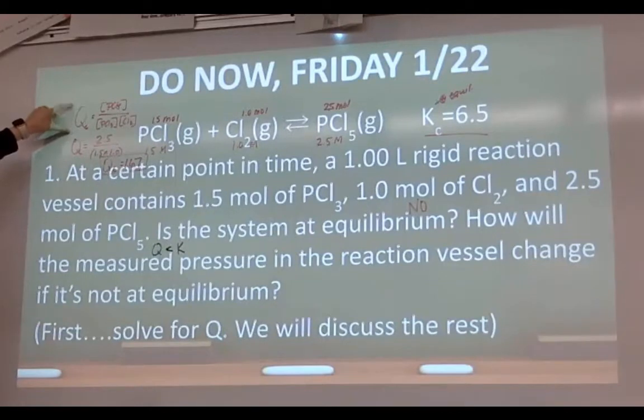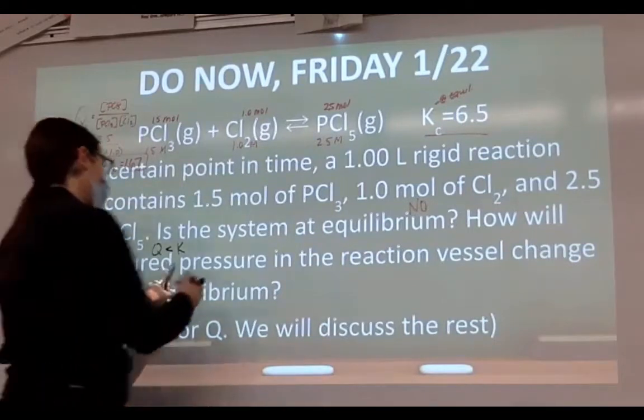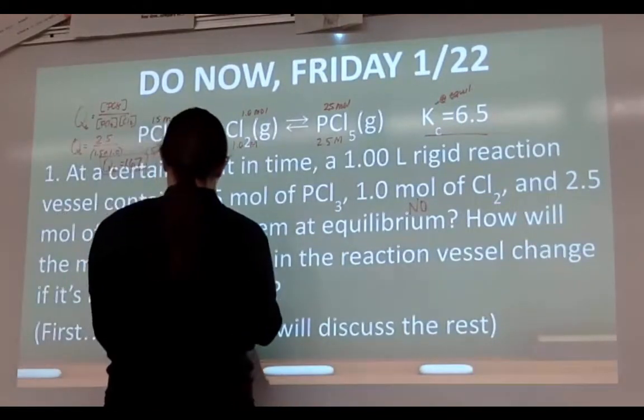If I add more products, that will make my value of Q larger. So Q is less than K.